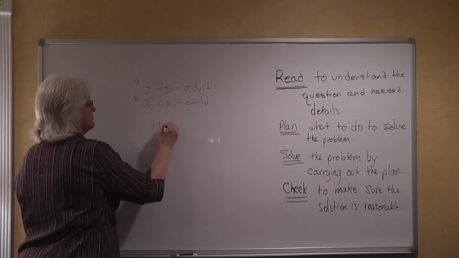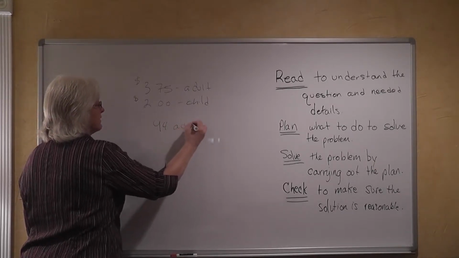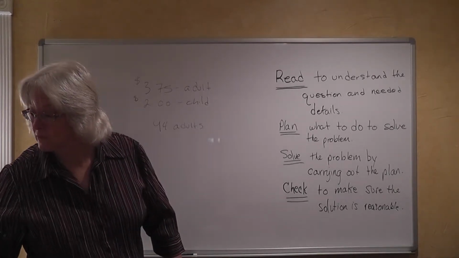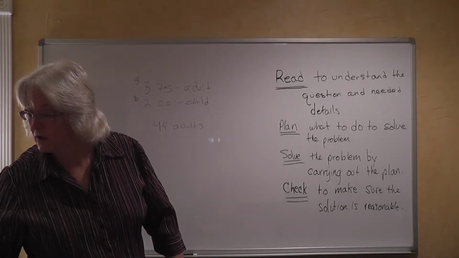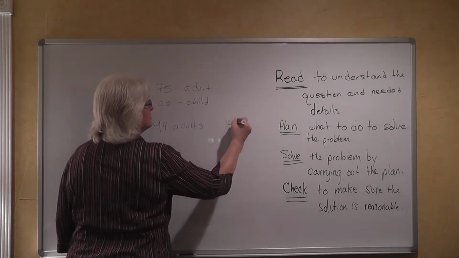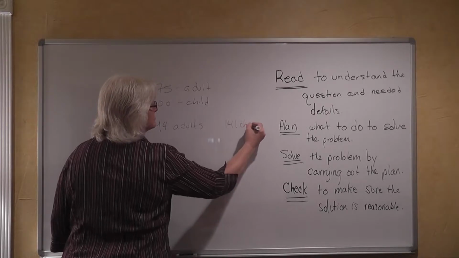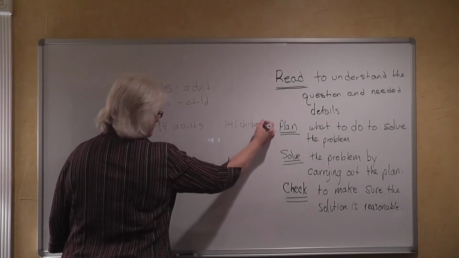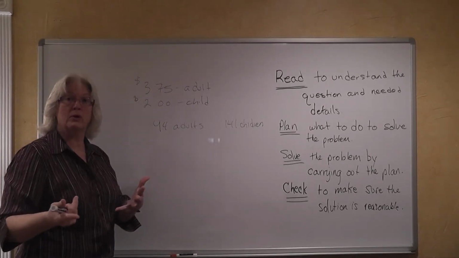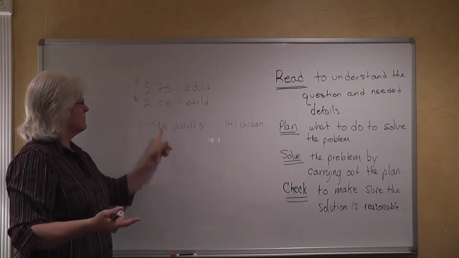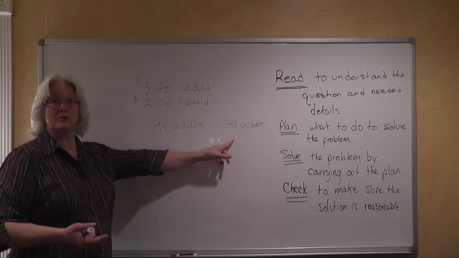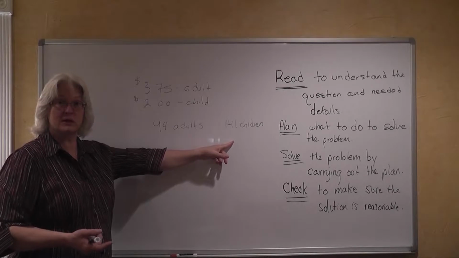And we have 94 adults and 141 children attended the play. How are we going to find out how much money we got for the adult tickets? How are we going to find out how much money we got from the children's tickets?